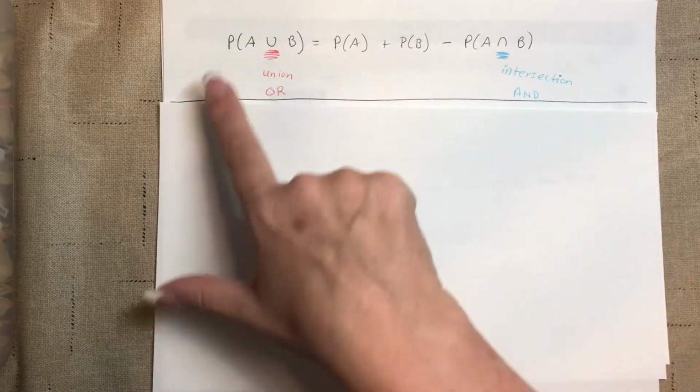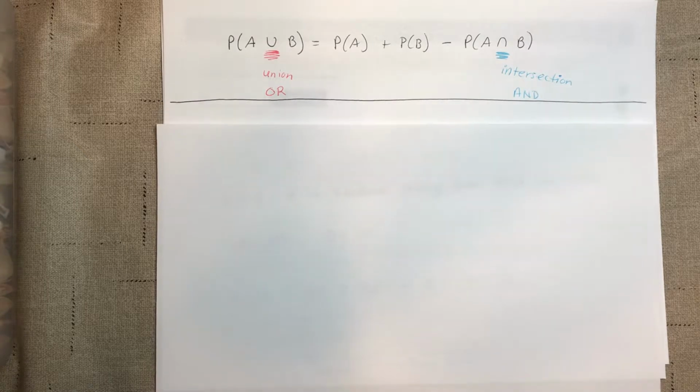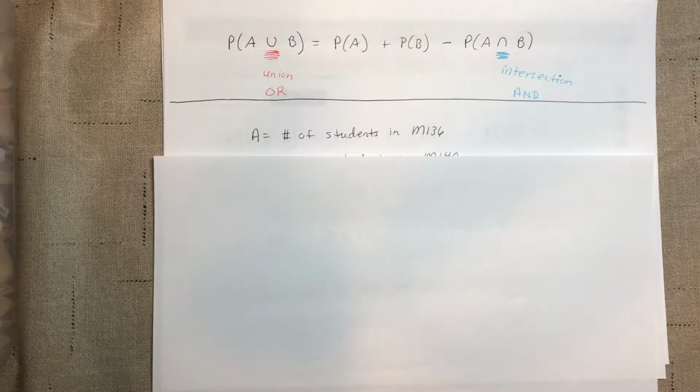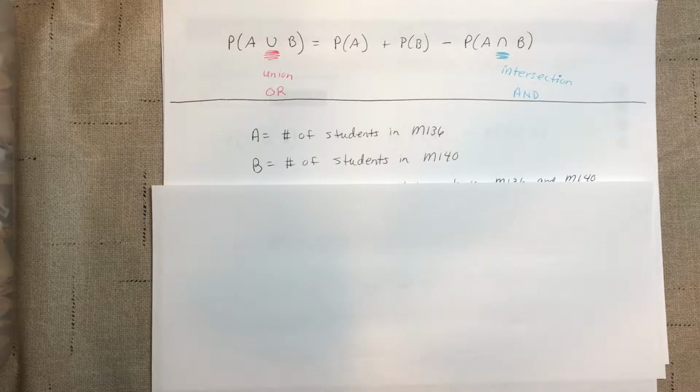Now, to explain this a little better, I actually came up with an example just using numbers instead of probabilities. So let's say I let A be the number of students in my Math 136 class. But let's say I'm also teaching a Math 140 the same term.